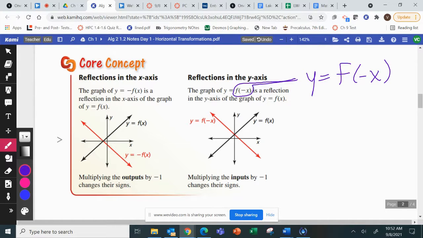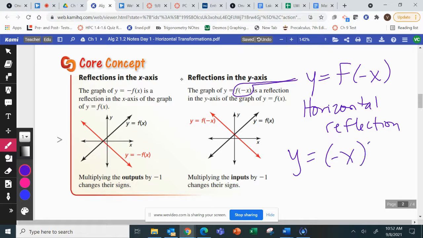This is a horizontal reflection, so it's on the inside of the function. So for example, y equals negative x squared would take the x squared function and flip it horizontally.